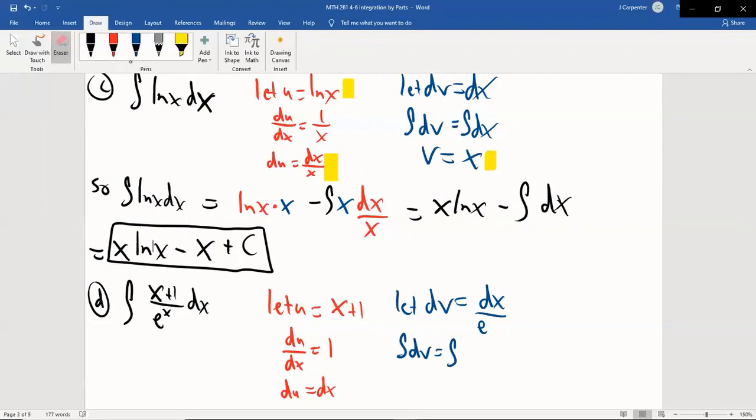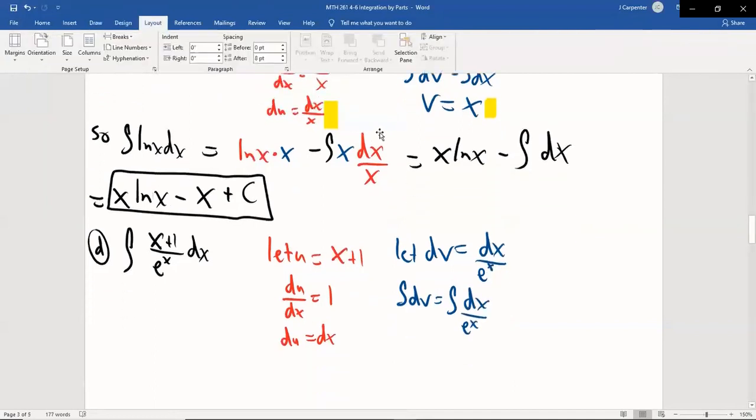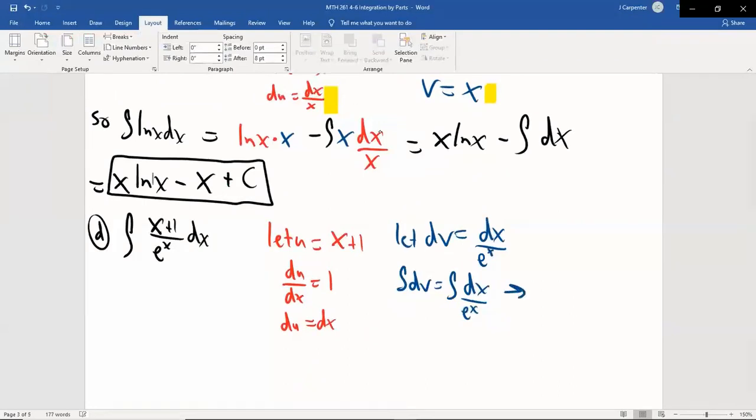That looks like e to the x. There you go. So that'd be the integral of dx over e to the x, which it's just going to be better to write this as the integral of dv equals the integral of e to the negative x dx. We don't know how to integrate when an e is in the bottom, but we do when it's in the top. So there's that classic give it a negative exponent.